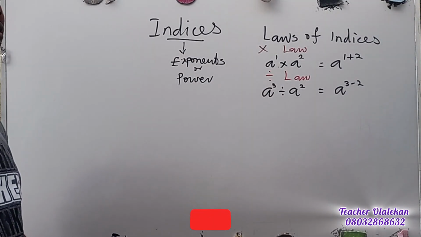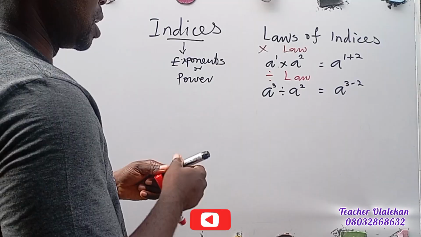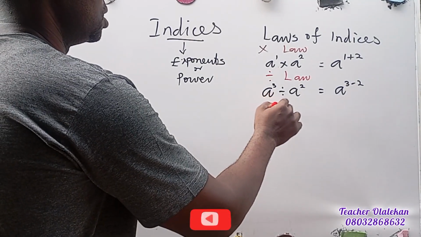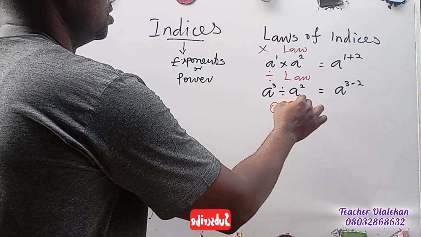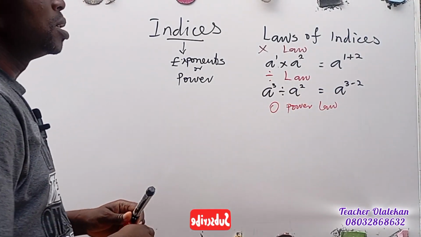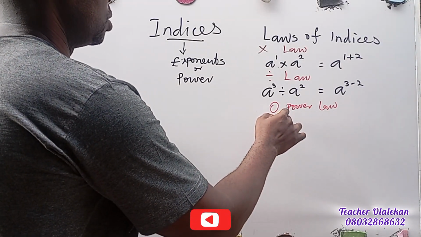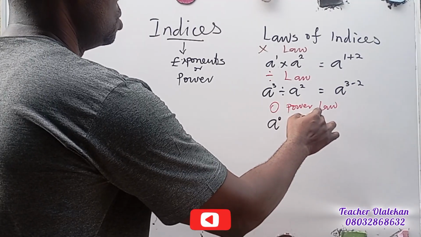So for that, we also have the zero power law. Let's look at the zero power law. The zero power law says that anything raised to power 0 is equal to 1. So this simply means that a raised to power 0 is equal to 1.